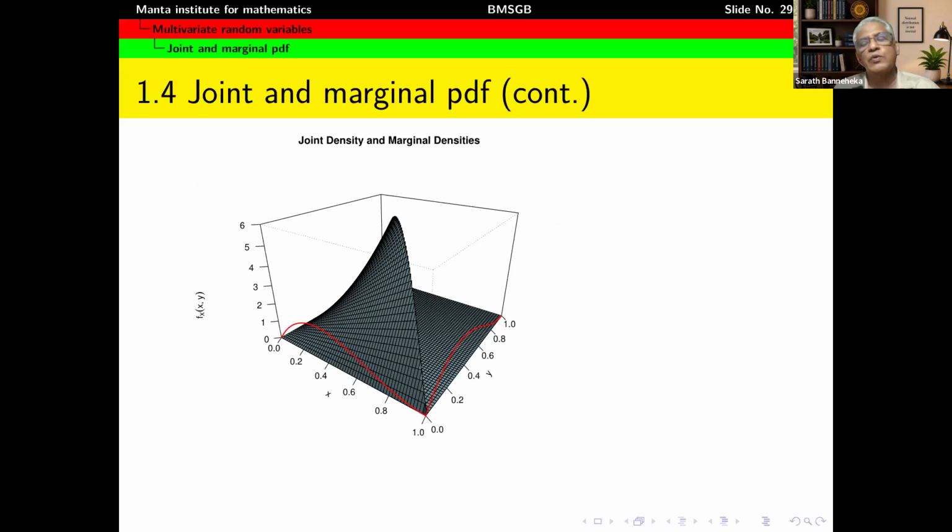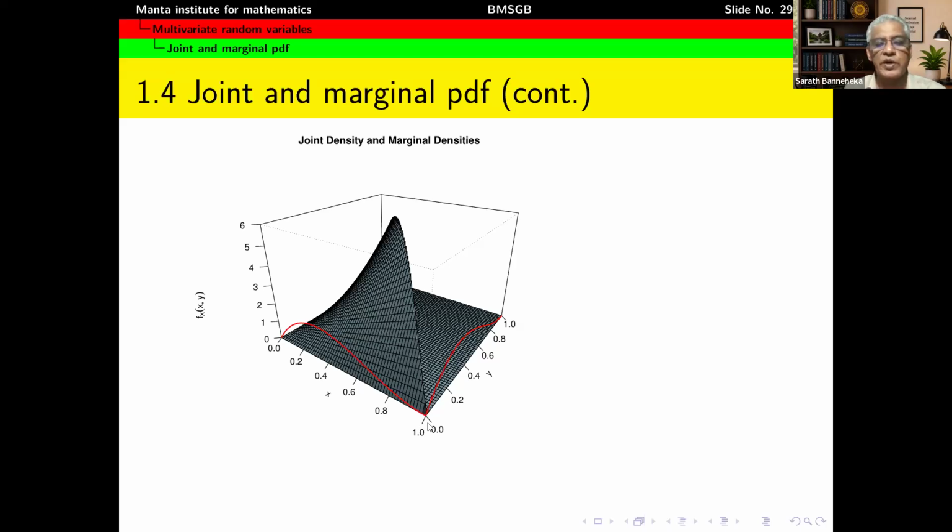Right. So I have here drawn, just to get an idea about what this joint probability density function looks like, right? So it is defined on a triangle, this triangle here from here to here, and then connecting this corner to the other corner, right? Because x plus y has to be less than or equal to 1.